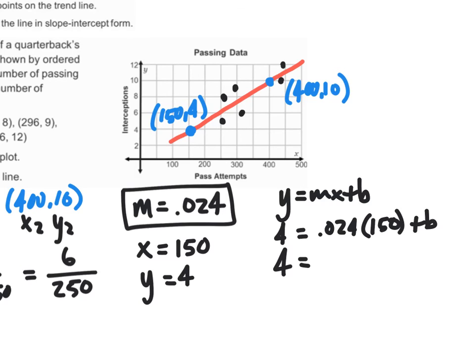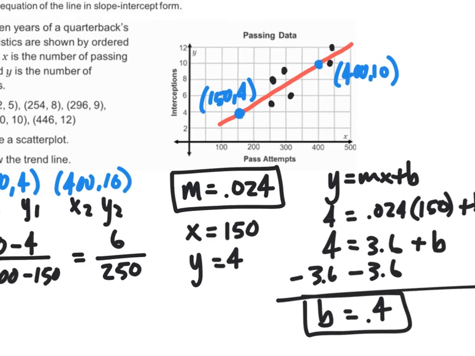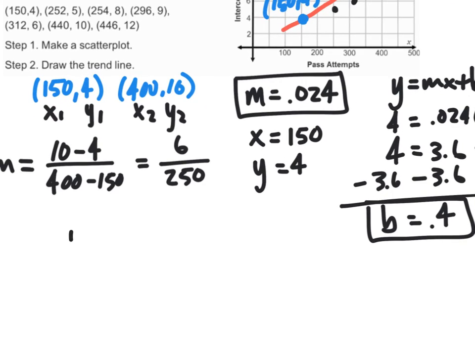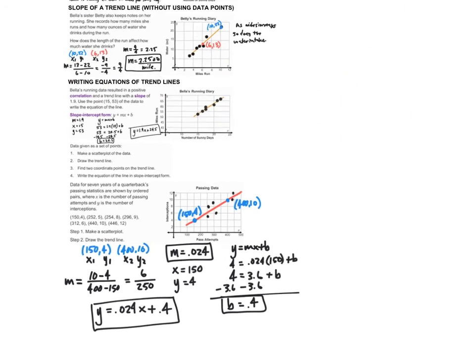So I've got 4 is equal to 3.6 plus b. So I'm going to subtract 3.6 from both sides. Okay, and so I get that b is equal to 4 minus 3.6, which is 0.4. All right, and so I have my slope, I have my y-intercept, and here's my equation: y equals 0.024x plus 0.4.